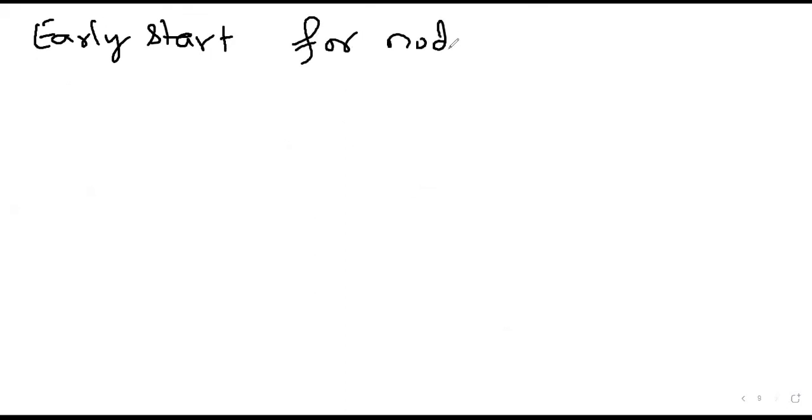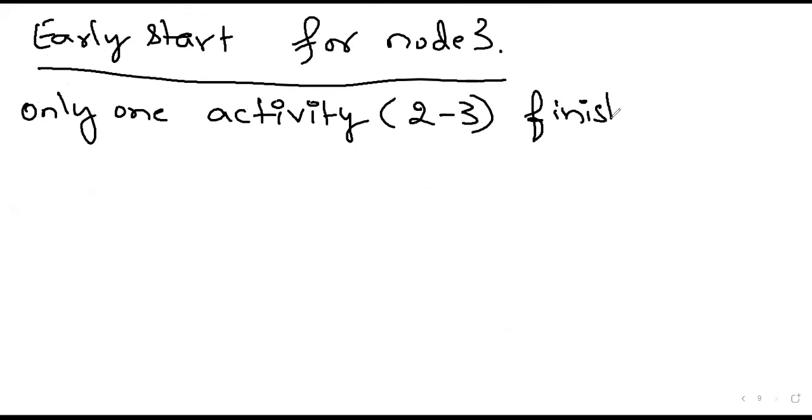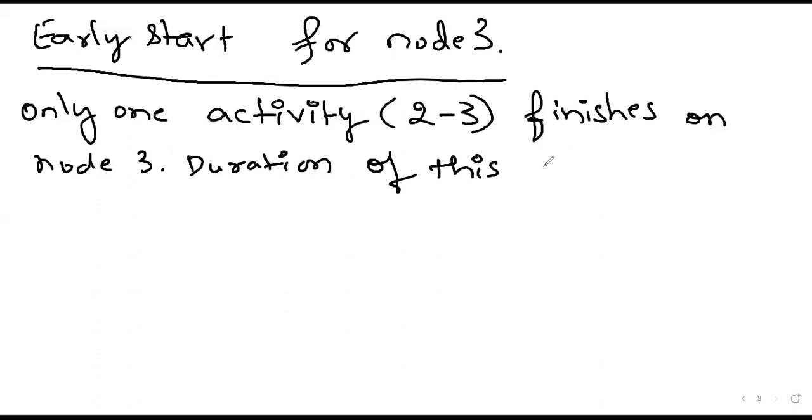Next is the early start for node 3. Only one activity, 2-3, finishes on node 3, and what is the duration of this activity? 2-3 is 8.